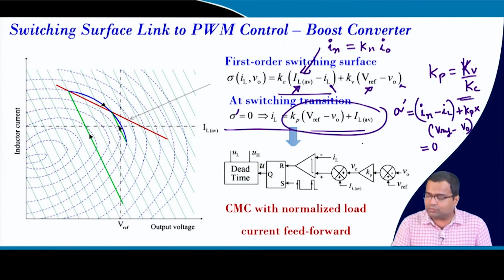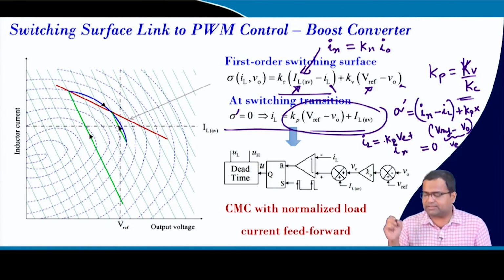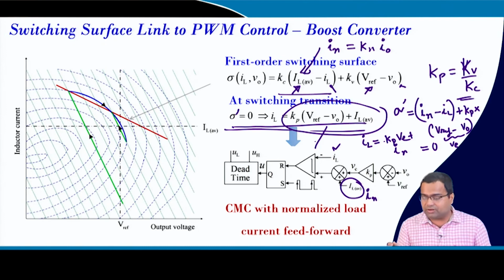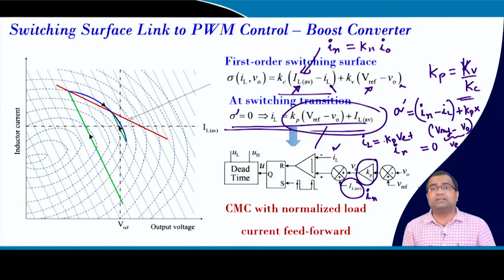If I take IL to the other side, it is Kp into the error voltage, plus our normalized factor, the normalized load current. This is my inductor current, which I can realize, that means this part I can realize using current mode control. This is simply my proportional gain multiplied by the error voltage.